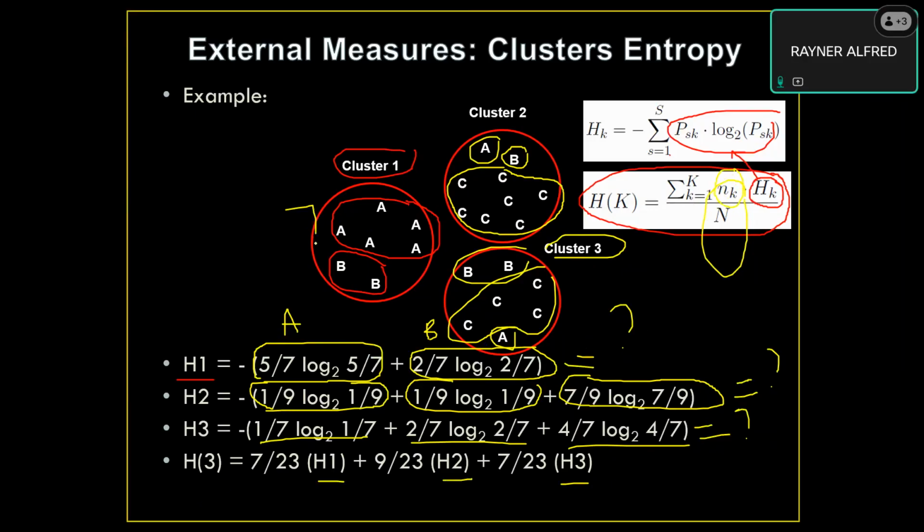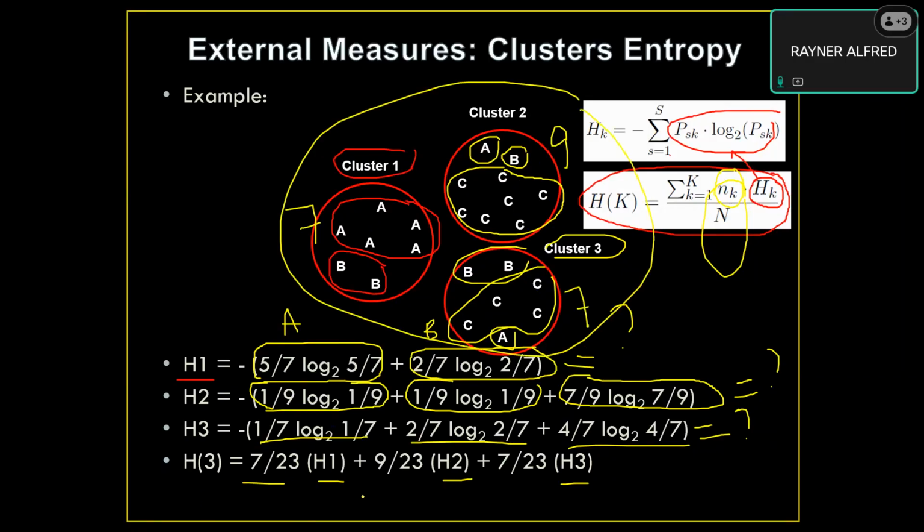This one we have 7, this one 9, and this one 7. So the first cluster you have 7 over 23, which is the overall total, 9 over 23, and 7 over 23. This is the formulation for looking at the purity of content of your cluster here.